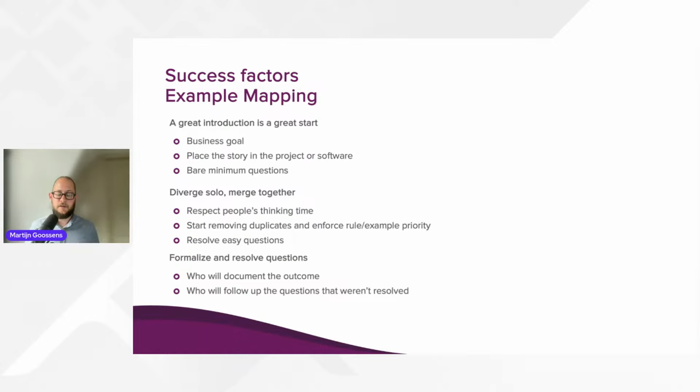Before you finish up and wrap up, you need to make sure that you have an answer to who will document this into the user story, how will we write it down, and who will follow up those questions that we haven't resolved. And typically they go to the business or a very specific expert in the team, like data or marketing, sales, somebody who can really help you enhance the understanding of the user story.